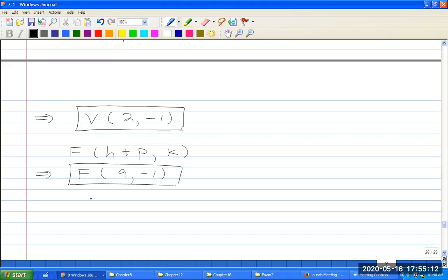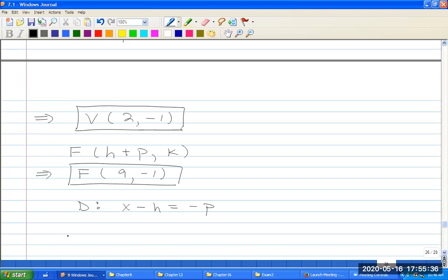And the directrix will be, we're doing the x's because it's a y squared. So it'll be x minus h equals negative p.